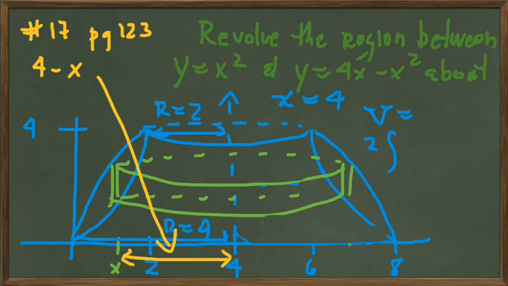So let's put that into our formula for the volume that we're developing. The radius is 4 minus x, and the height is, as we said before, the top curve 4x minus x squared minus the bottom curve, which is x squared, and then we're integrating that dx. So let's take that up on the next blackboard, and we'll fill in the missing limits of integration.